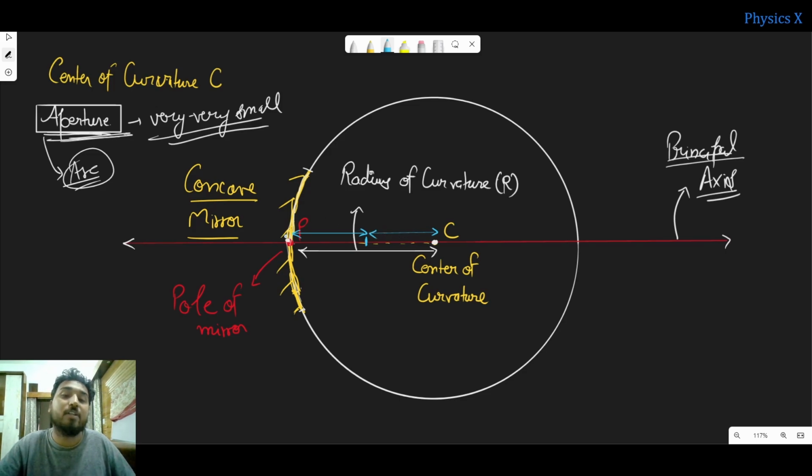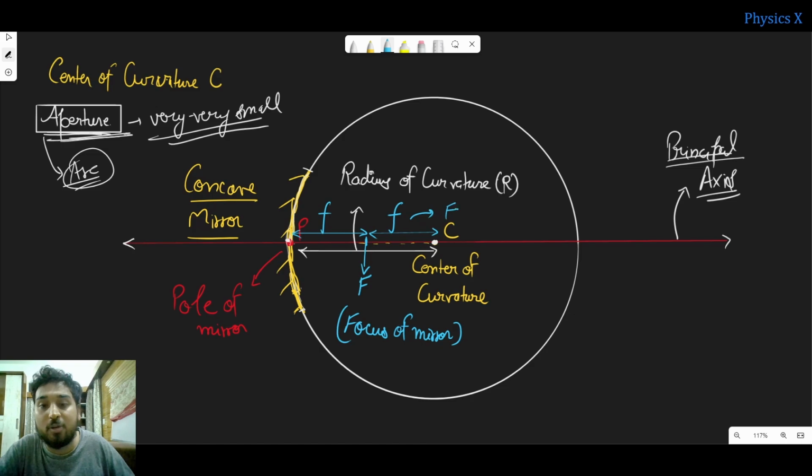Only in that case, if the aperture is very small, the distance between this and this, and this and this, will be equal, and we mark this point by F, and this is called the focus. We call this point the focus of the mirror. The distance from either side, that is from P to F or F to C, is called the focal length. It is denoted by small f.